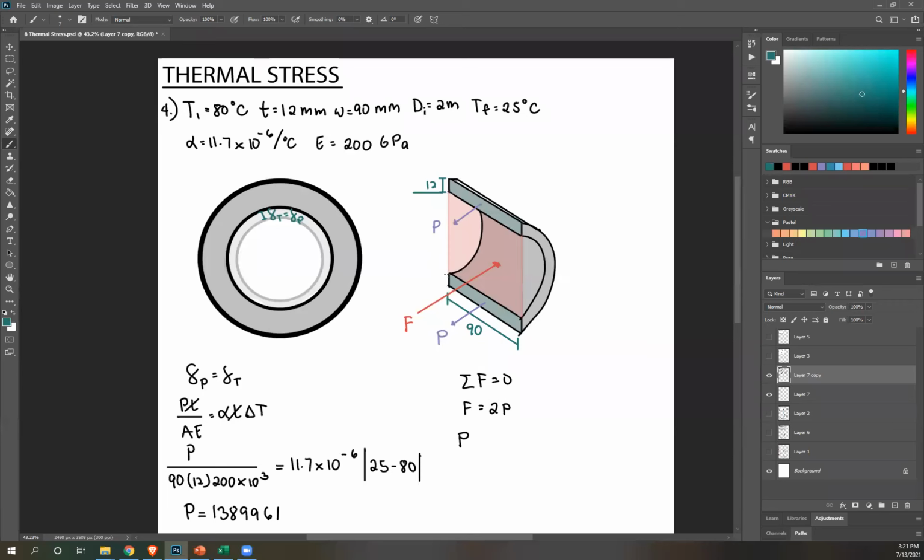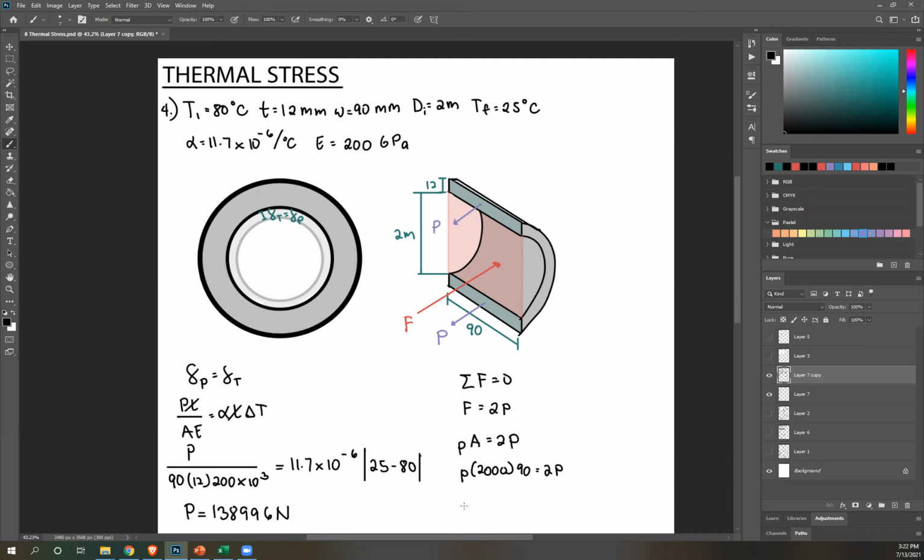So this is 2,000 millimeters. Let's just write pA first. It equals twice P, and this P is just this, so we already know the value of that. So p times 2,000, and then this base, which is 90, equals 2P. Small p for pressure.